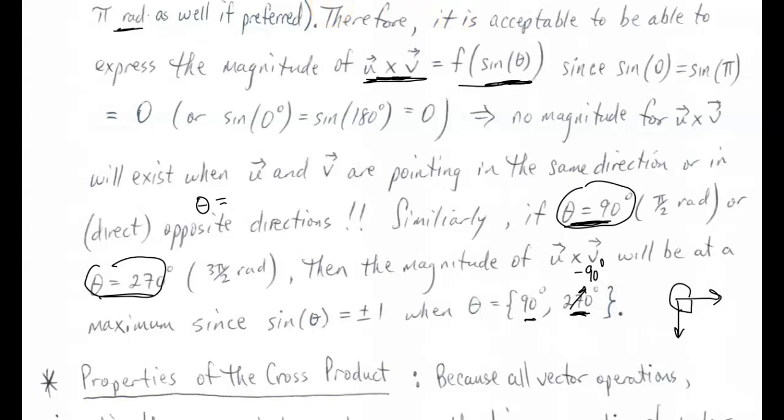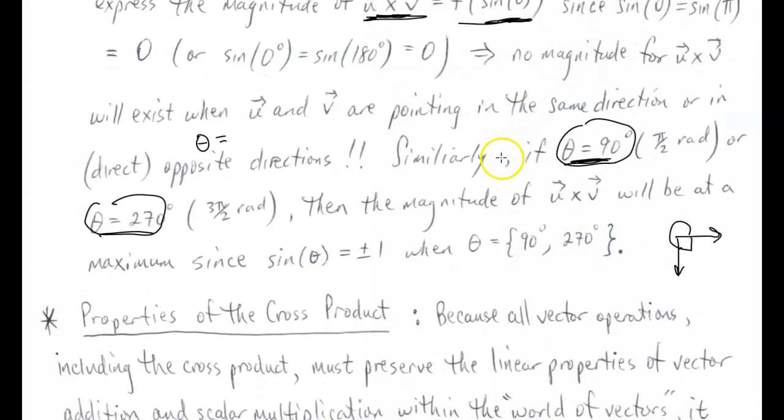So again, I'm just trying to round out everything to make sure that you understand why it makes sense for us to use the sine function in defining the cross product. Okay. All right.